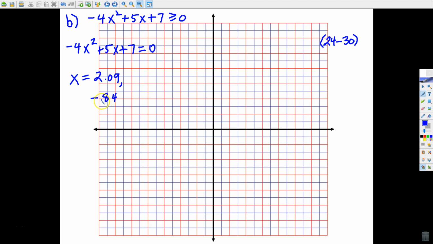Good, negative 0.84. All right, so let's just approximate those on our graph. Now this time, since the original inequality says or equal to, they're going to be solid circles. They're actually going to be part of the solution. So just barely to the right of 2 and almost to negative 1.